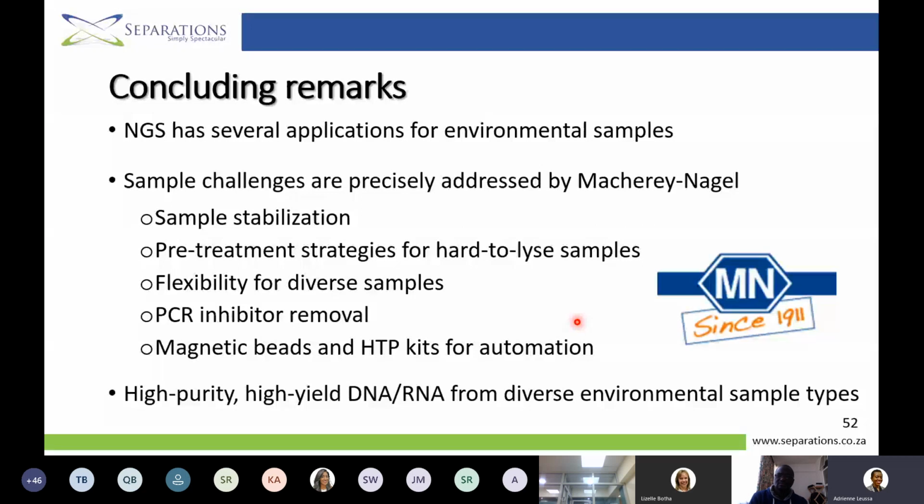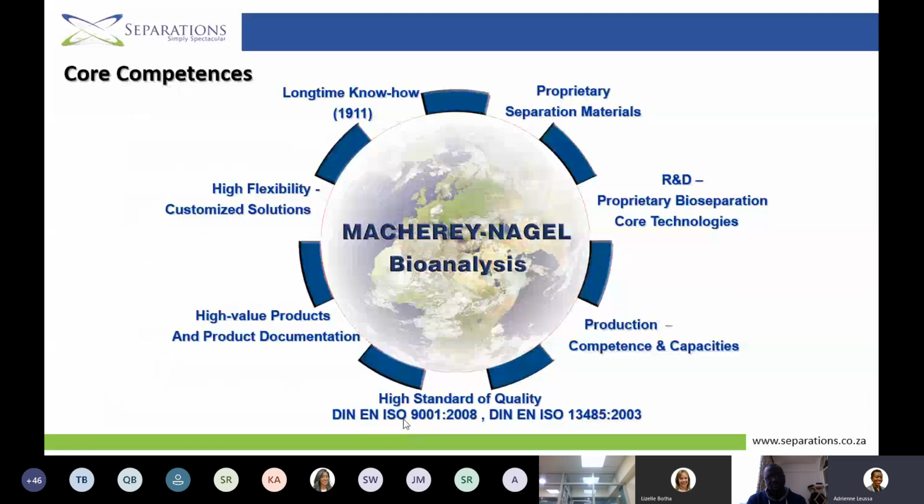So we achieve high purity, high yield DNA or RNA from across a range of environmental sample types. Macherey-Nagel does this best because they've been around for a long time. They have the know-how, they have an R&D arm that is dedicated to keep pushing the boundaries, maintaining the standards of quality to provide you with high value end products.